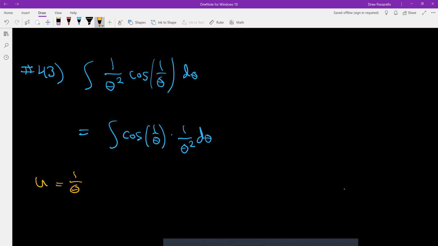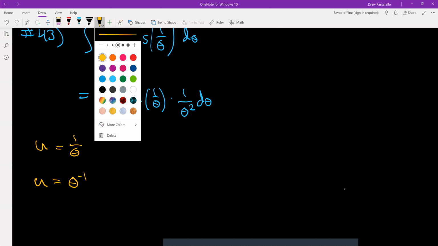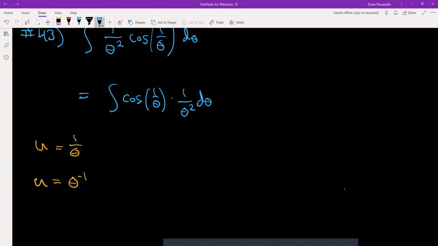Now I want to let u be 1 over theta. What is 1 over theta? That's the same thing as theta to the negative 1. So really I'm letting u be equal to theta to the negative 1. So it might be beneficial to just go ahead and write this as cosine of theta to the negative 1.